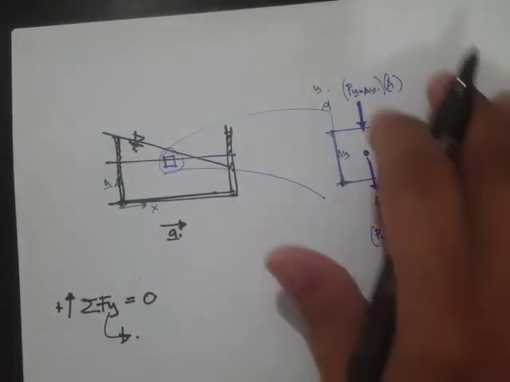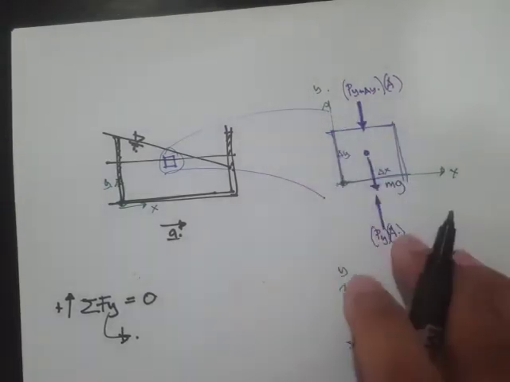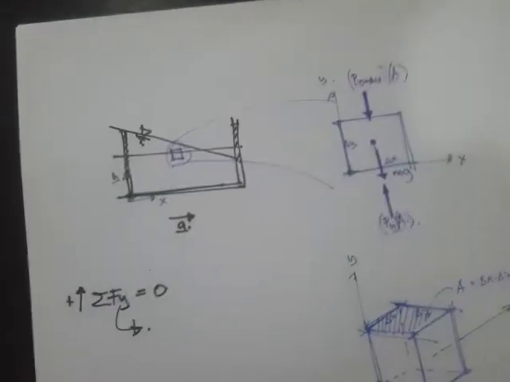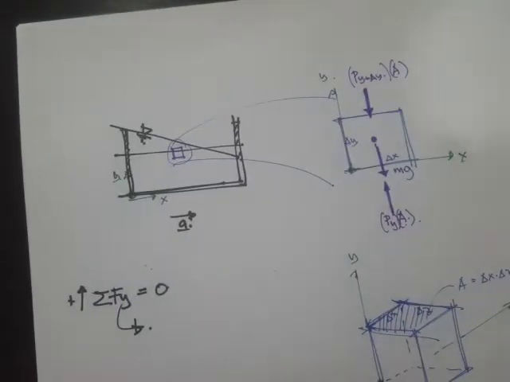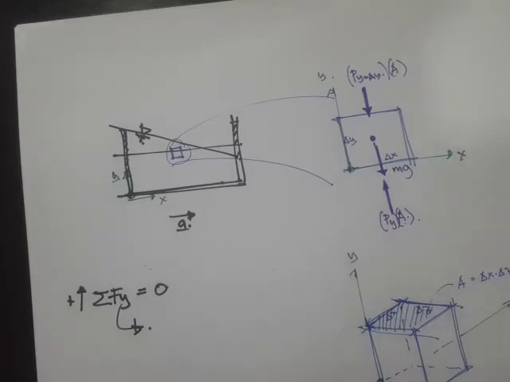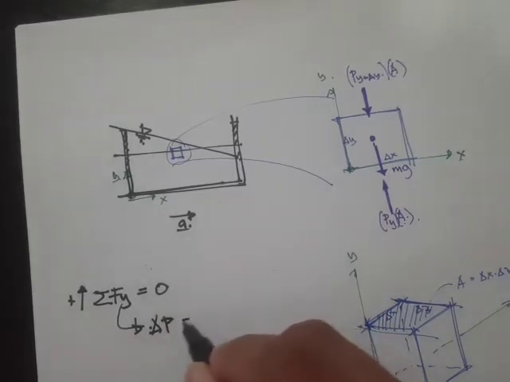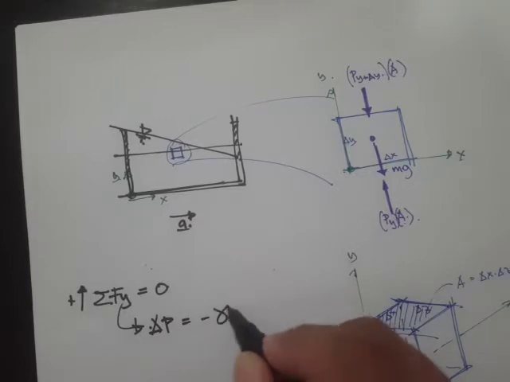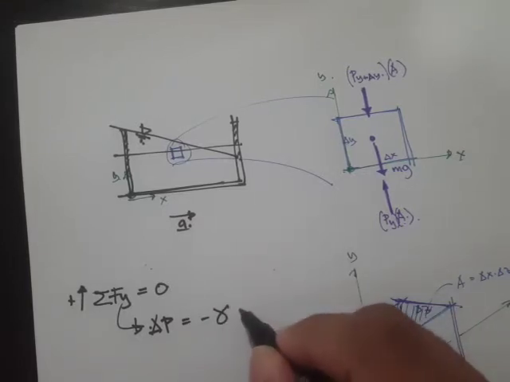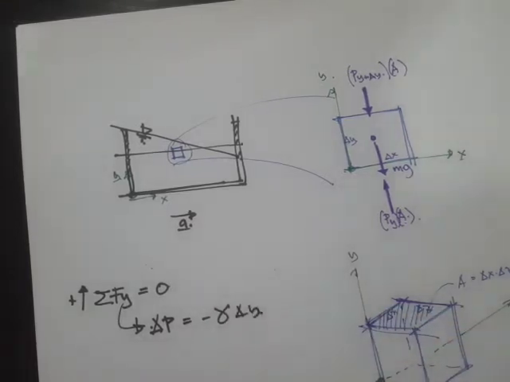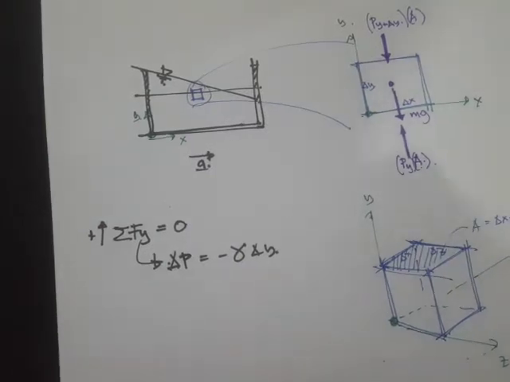This type of situation is exactly the same as the one from which we derived our hydrostatic equations. So, delta p equals negative the unit weight times delta y. It's exactly the same.